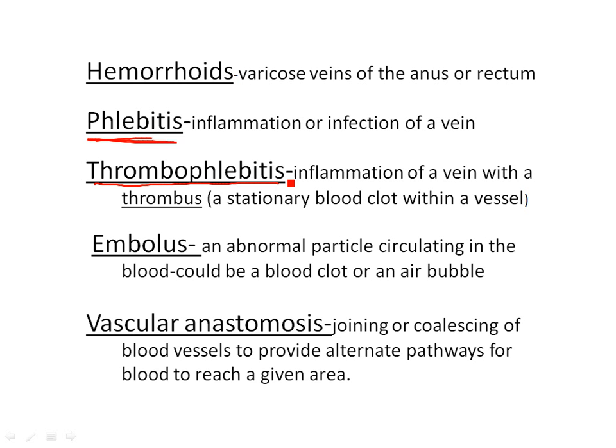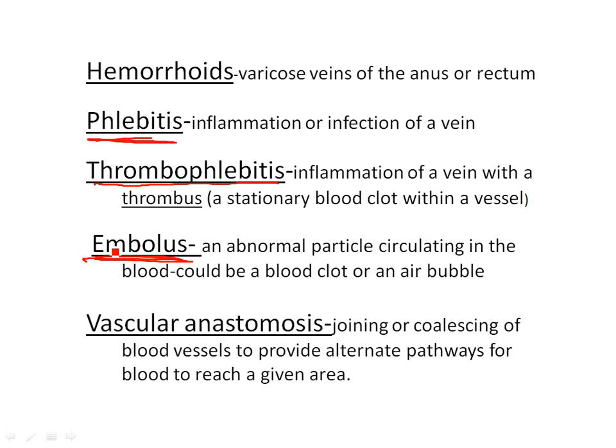But the real danger is this clot, this thrombus, it's stationary now, but what happens if it breaks off and moves around and goes up to your heart or your lungs or your brain? So when it does that, you get what's known as an embolus. So that's an abnormal particle, usually a blood clot, but it could be a gas bubble or something else.